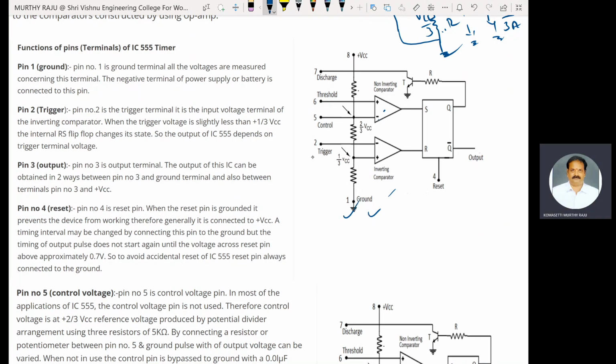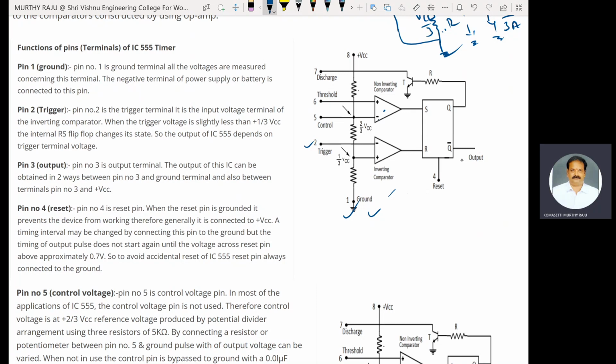This one is ground. Next, trigger. Pin number 2 is the trigger terminal, the input voltage terminal of the inverting comparator. When the trigger voltage is slightly less than 1 by 3 VCC, that is the reference voltage, the internal RS flip-flop changes its state.